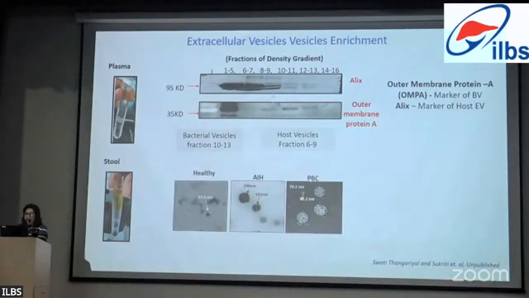This is the Western blot, where we can see that fractions 10 to 16 are actually the host extracellular vesicles, whereas the bacteria are in the earlier fractions. And the transmission electron microscopy identified that these small vesicles are actually extracellular vesicles.